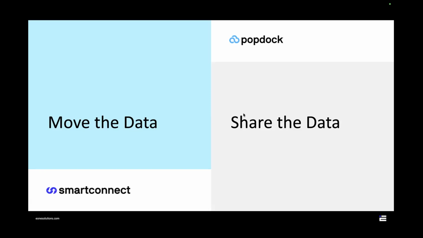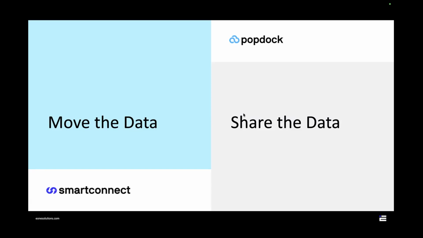Well, with our share the data option with PopDoc, we can show you that data inside your CRM system without actually moving that data. This could be other things. Maybe you want to see invoices. You want to see whether customers have made payments. And we're not restricted to just CRM. There may be all kinds of other systems that you need to extend your GP data into.